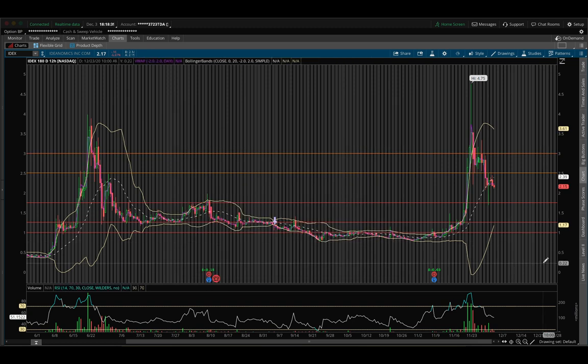So how do you use support and resistance levels? Well, this is how you're going to be assessing your risk and reward for the positions you're taking, and the entries and the starters that you're taking, how you're going to scale in. You can see here at the $2 mark, you have about 10%, a little more immediate risk, right?